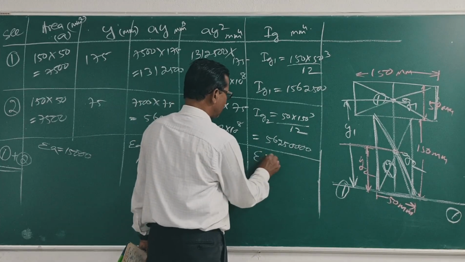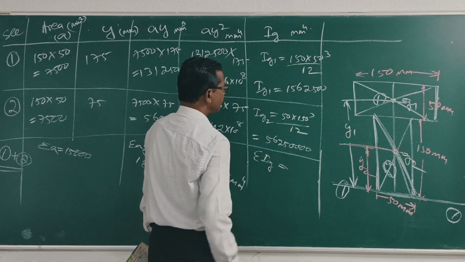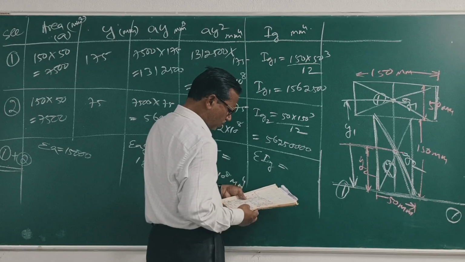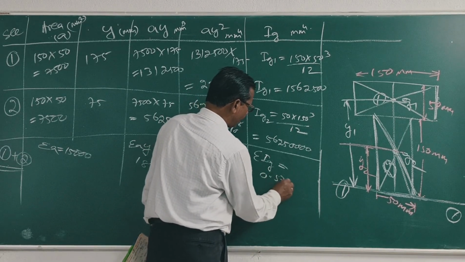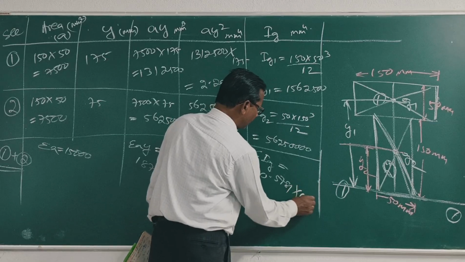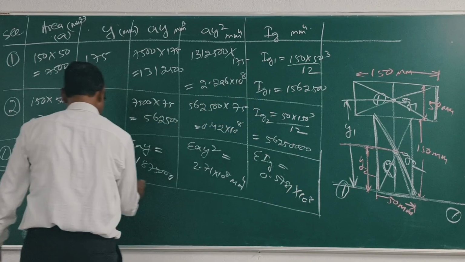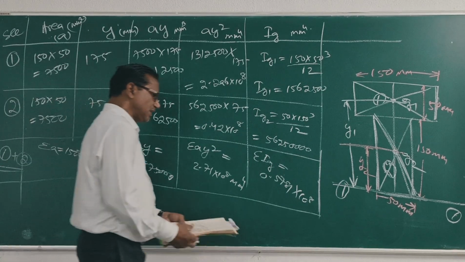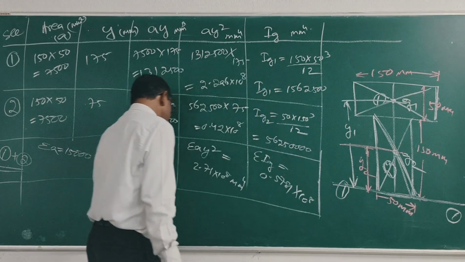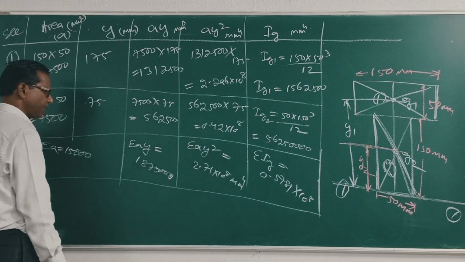Sigma IG is equal to 0.5781 into 10^8. Right? Sigma IG, sigma Ay square, sigma Ay, sigma A.